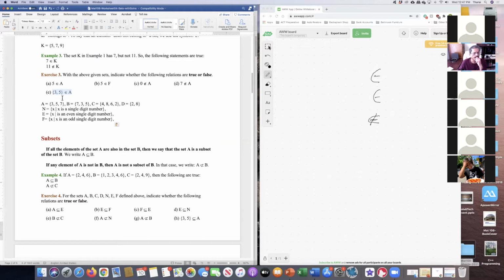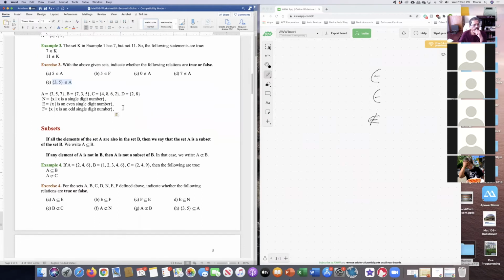So if I simply say 3 belongs to A, that's true. 5 belongs to A is true. If I don't have the curly bracket, you can argue that it's true, but the curly bracket makes it a set. The set cannot belong to a set. So that statement is false.